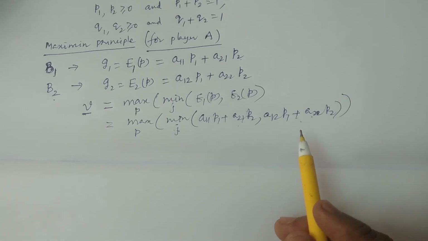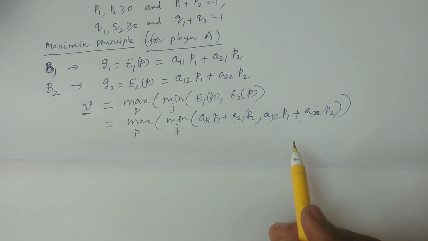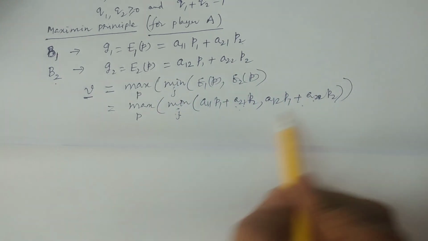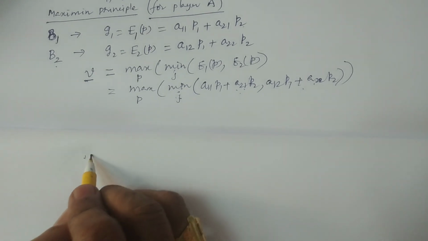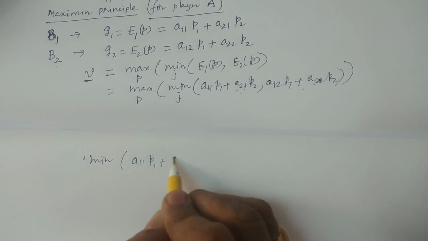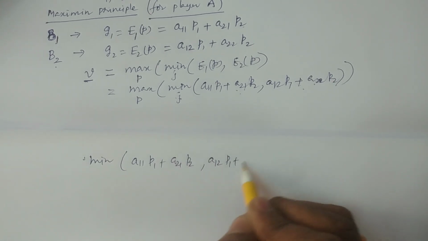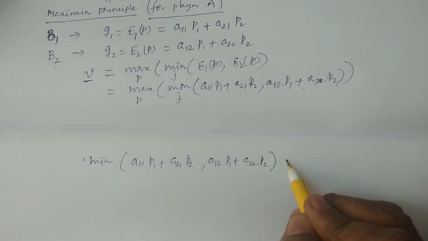So if you consider the value of the game, the minimum of these values must be one of the minimum values I consider. Among these particular values you will get the value of the game. I am writing here the minimum of A11 P1 plus A21 P2, comma, A12 P1 plus A22 P2, which will give you the value of the game.